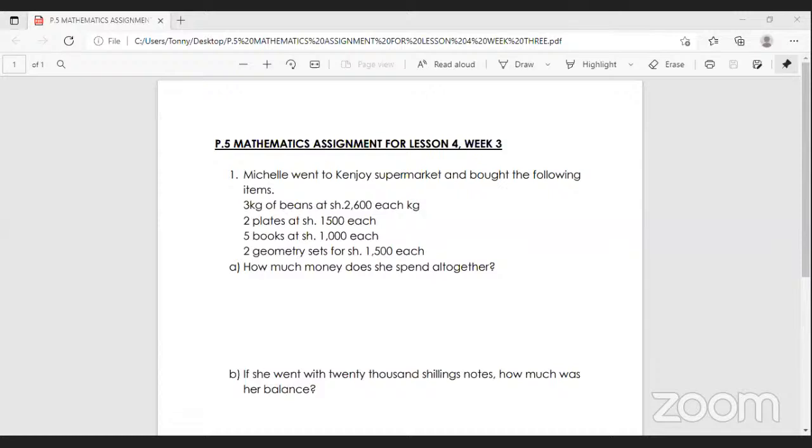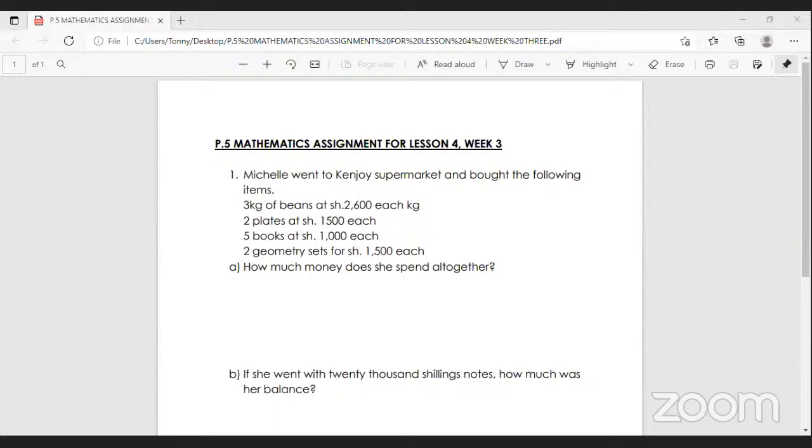Then she bought 2 plates at 1,500 shillings each plate. Then 5 books at 1,000 each book. And then 2 geometry sets at 1,500 shillings each. Now they're asking, how much money did Michelle pay for all the items that she has bought?